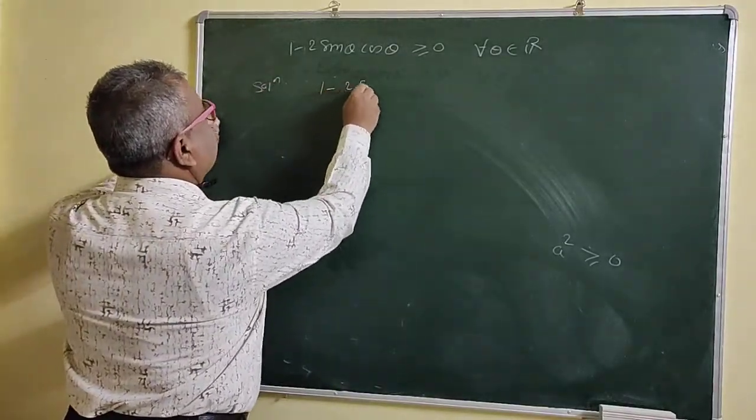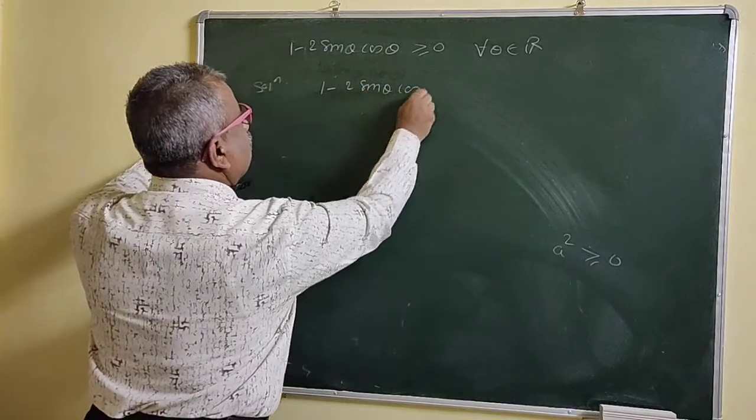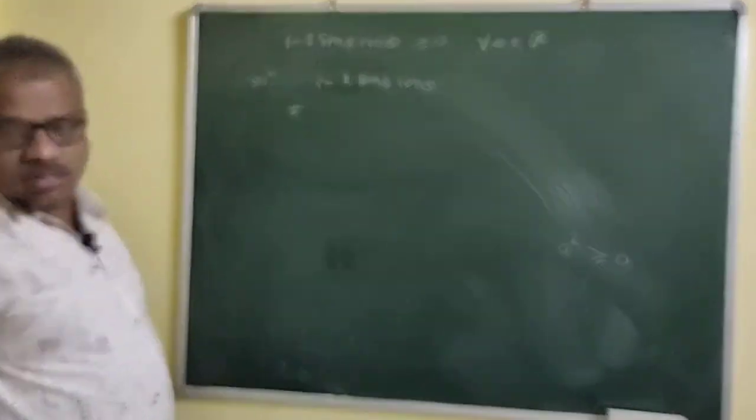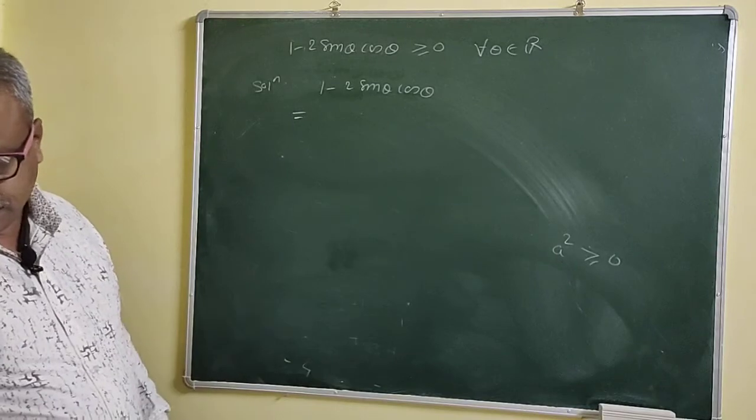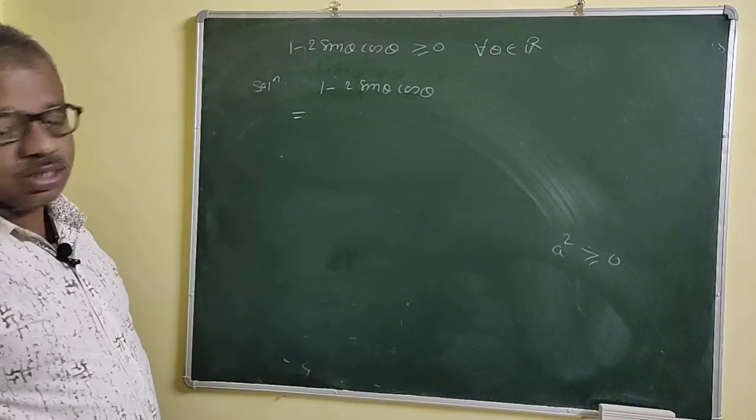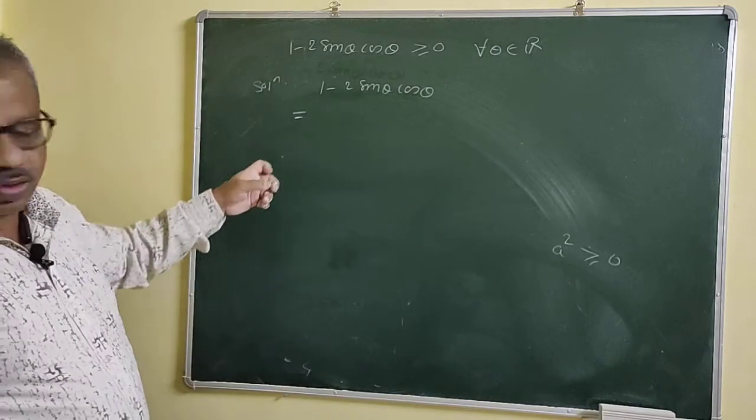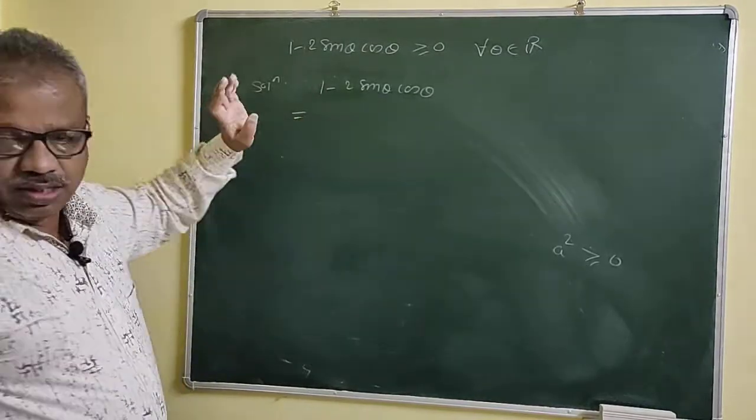1 minus 2 sin theta cos theta. We put the value of 1 in terms of sin and cos, that is cos square theta plus sin square theta is equal to 1.